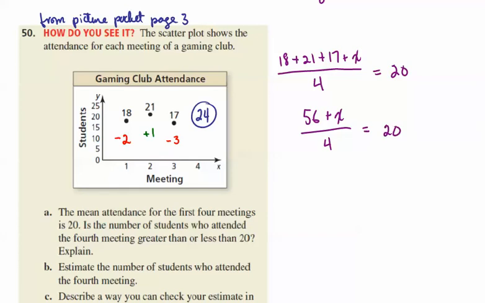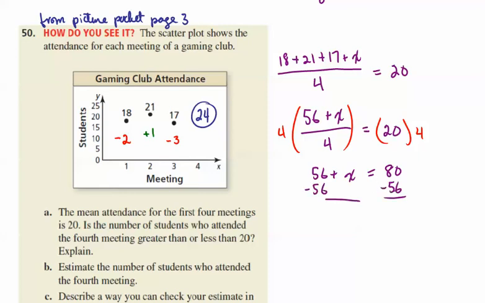It's got to be 20. We're going to multiply both sides by 4, and we end up with 56 plus x has to equal 80. Subtracting 56 on both sides, we get x is equal to 24, which is exactly what we expected.